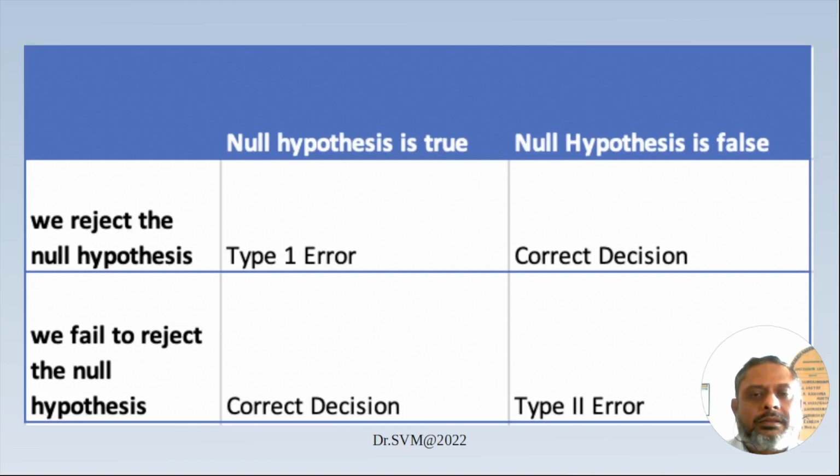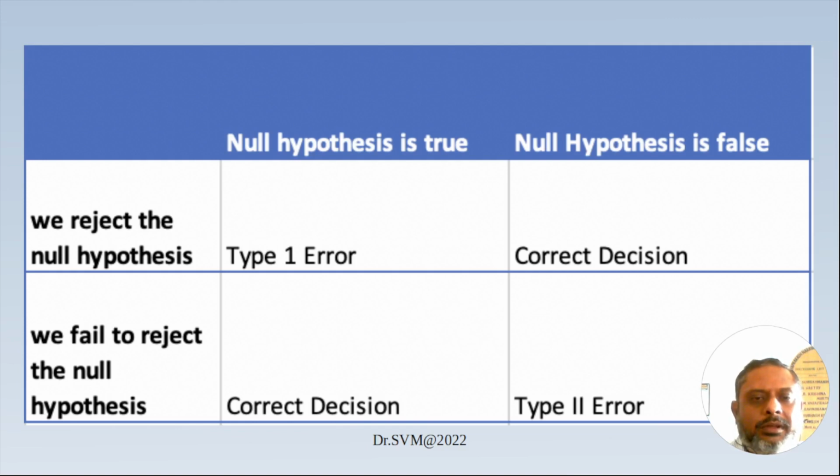We are working in a probabilistic world, therefore nothing can be said perfectly, so there is a possibility of errors. There are 4 possibilities in all. One is the reality and one is what happened.